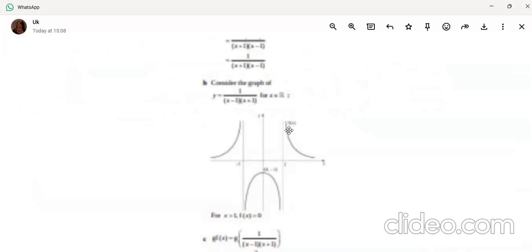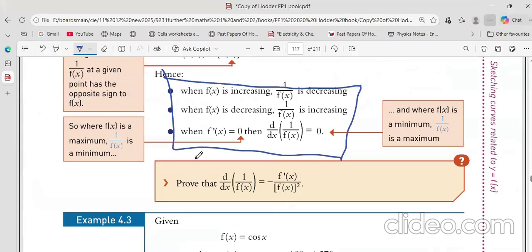These were the rules, no? The rules were that if f(x) is increasing, 1 by f(x) is decreasing, and f dash x is 0 is the same, so that I have done.